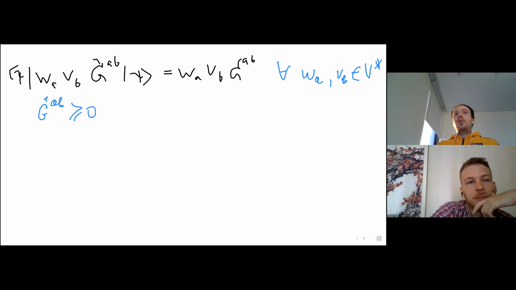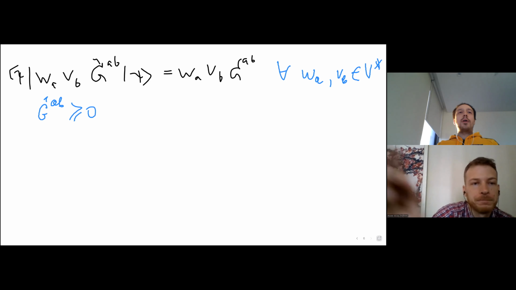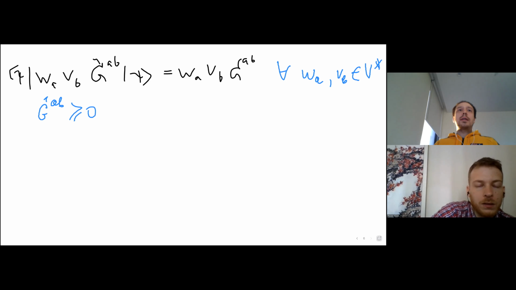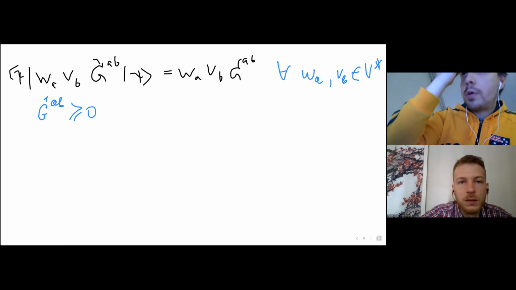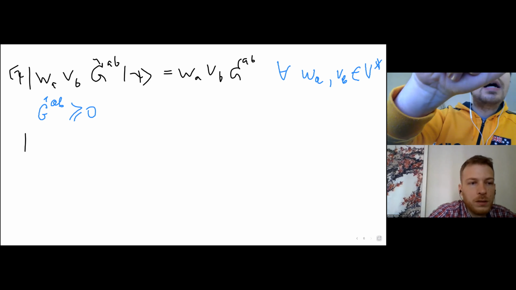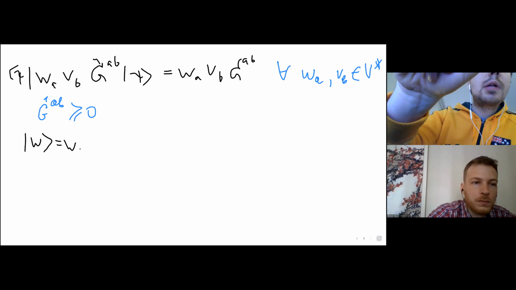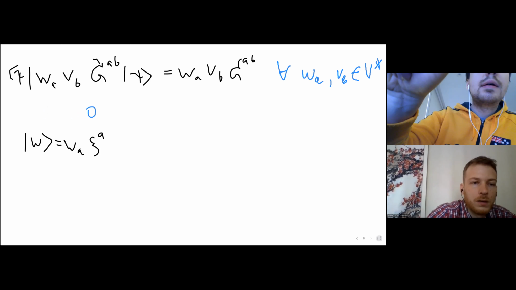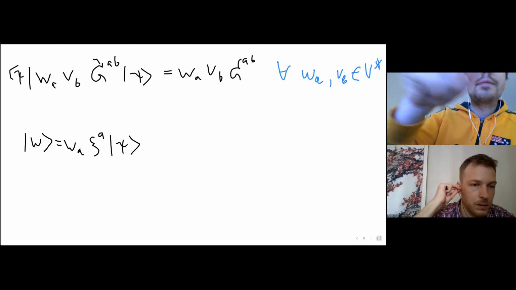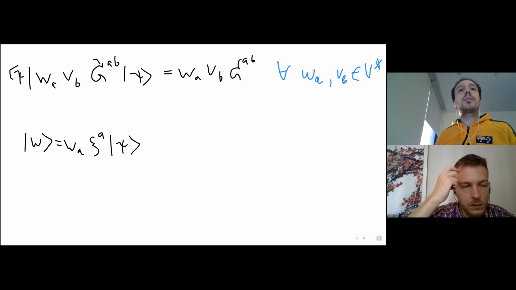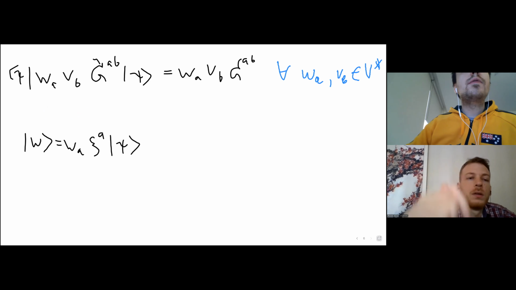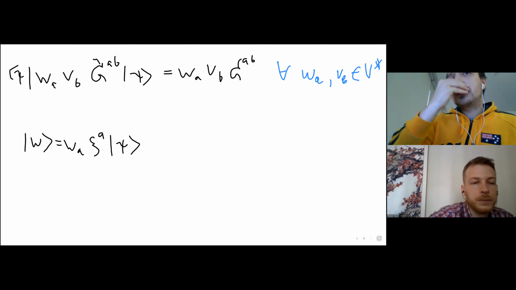Or no, I would recommend to go directly from the inner product properties, namely use the fact that, so my recommendation would be to define the vector W as being WA psi A applied to psi. Oh. And then. All right. Okay, so let's see.